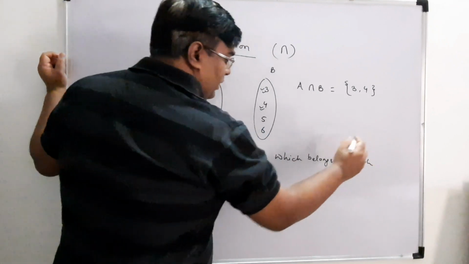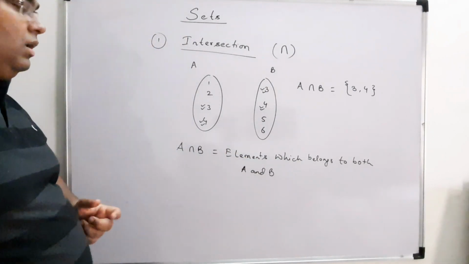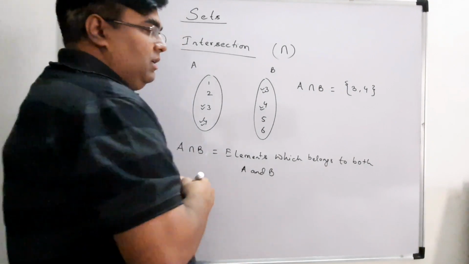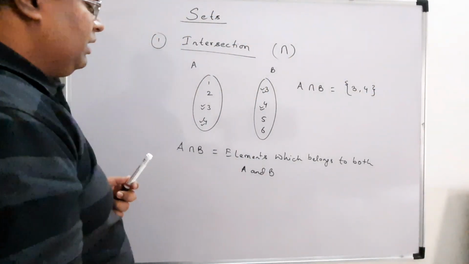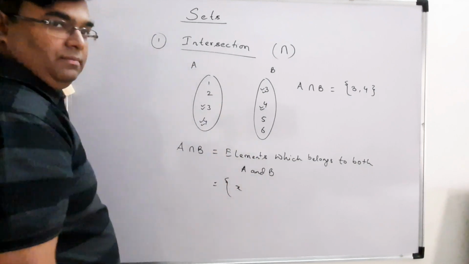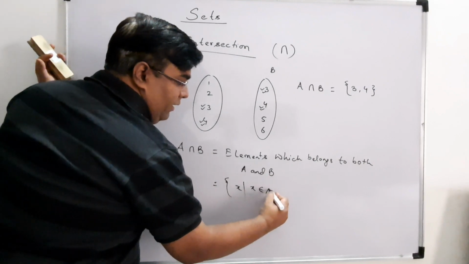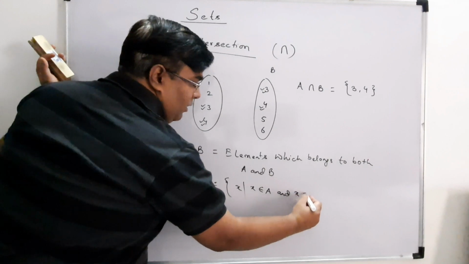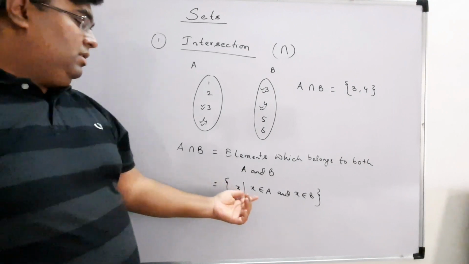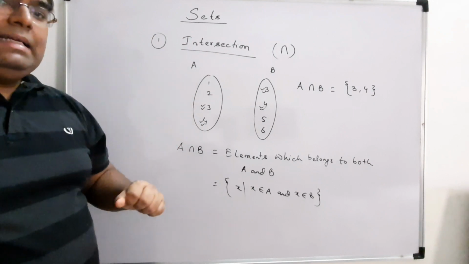A intersection B means elements which belong to both A and B. In maths, formula wise, if I want to write it, it will be like this, in set builder form: {x such that x belongs to A and x belongs to B}, both. So x should belong to A also and x should belong to B also. This is known as intersection.